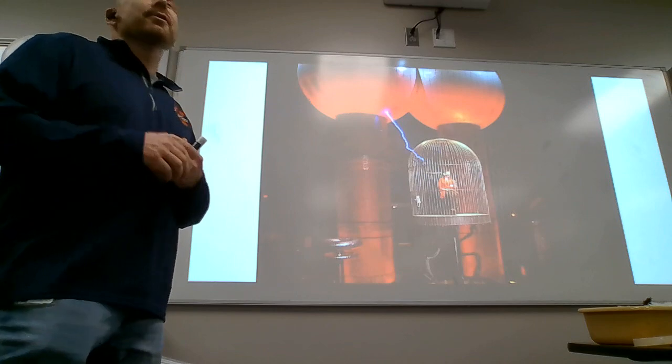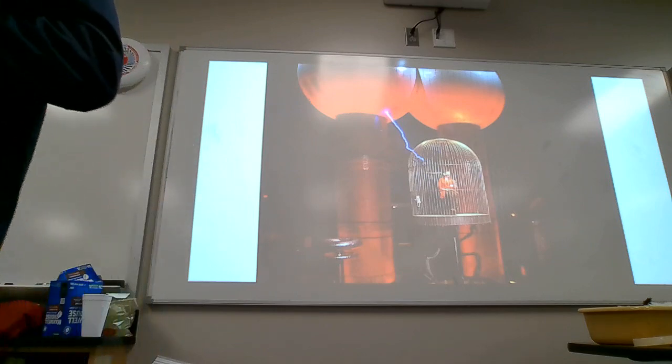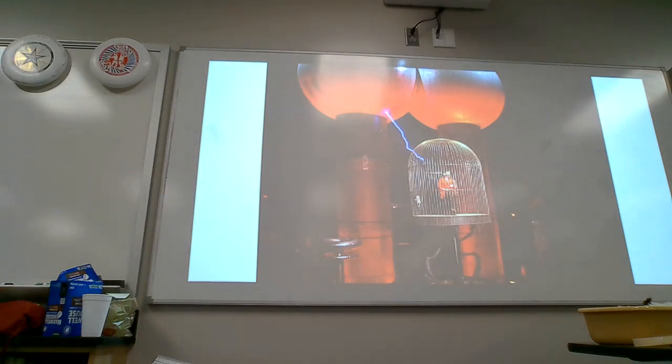Okay, so a popular question is, what happens if you touch the cage? Prior to seeing this demonstration, I would not have advised it. But in the act, they grab the cage and they're fine.